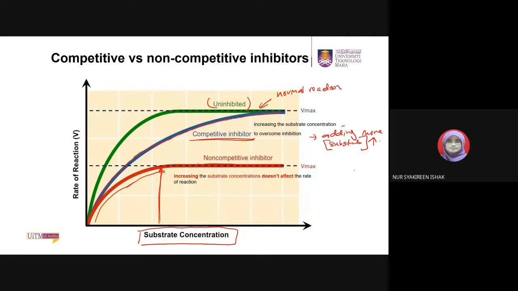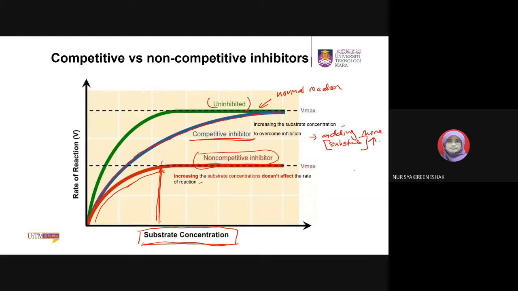So there is no use of you adding more substrate. So adding more substrate to the reaction in the presence of non-competitive inhibitor will not work. The reactions will remain slow and stop at a certain point. Okay. So increasing the substrate concentration does not affect the rate of reaction.